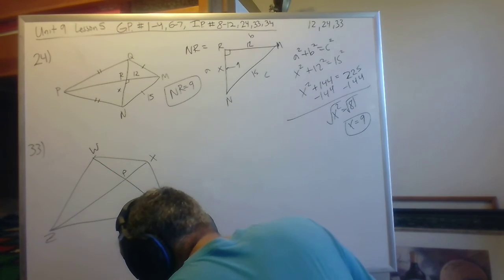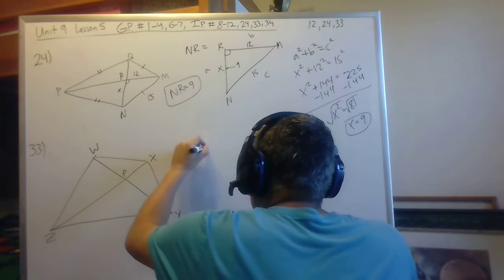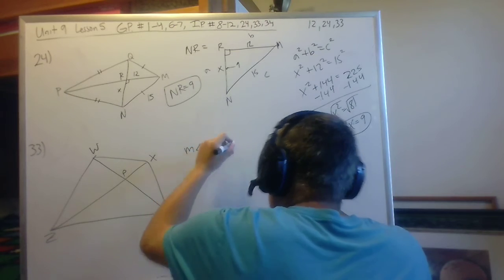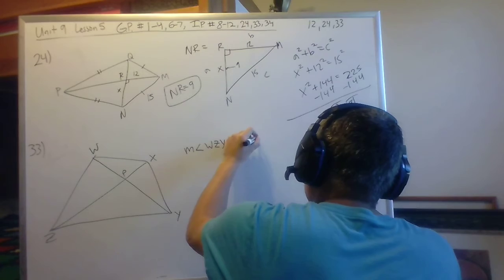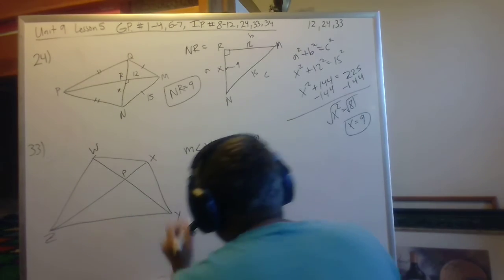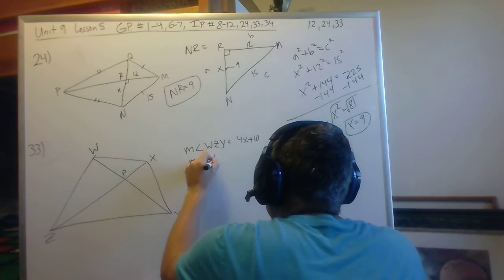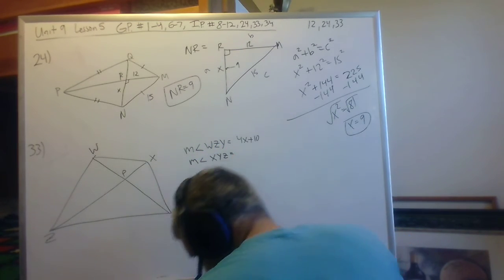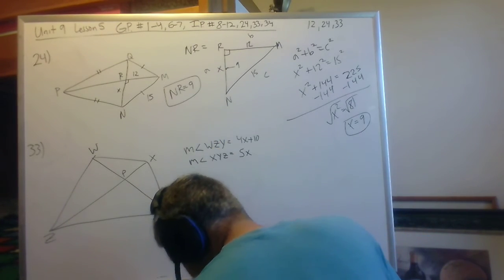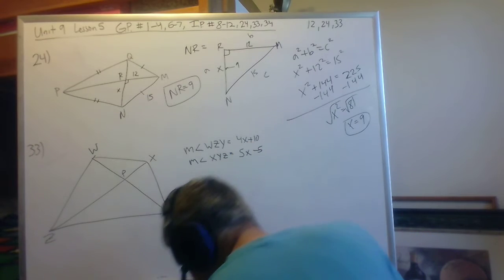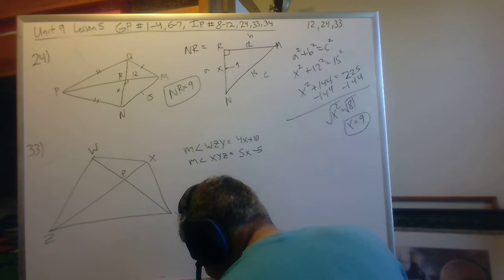It says that the measurement of angle WZY is equal to 4x plus 10, and the measurement of angle XYZ is equal to 5x minus 5, and it says find the value of x so that WXYZ is isosceles.